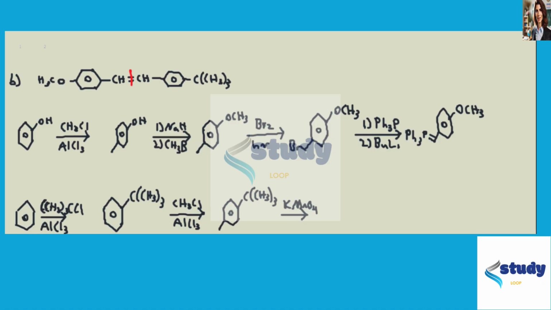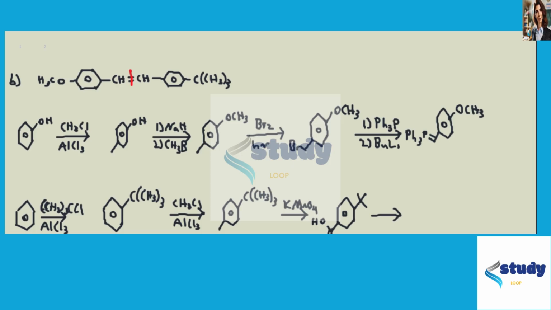Okay, so this is similar to the strategy that we followed to construct half of the molecule in part A. So T-butyl group there. That's potassium permanganate, which is going to give us oxidation to the carboxylic acid here at the benzylic position.